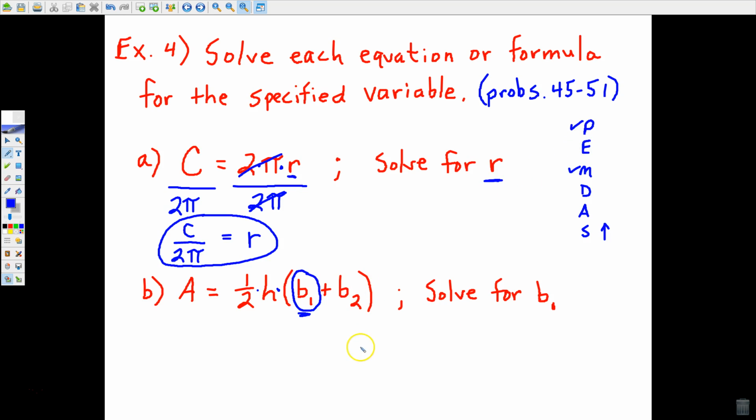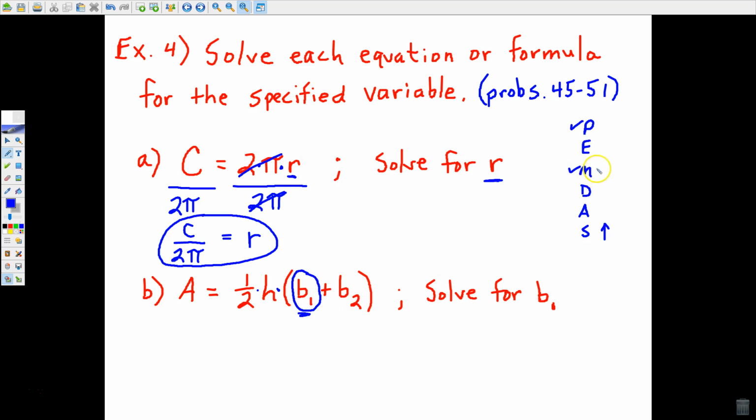Now you might be saying, but isn't it being added? That's true, but I want to take the bigger picture. If you see an operation involved in parentheses, then just check off the parentheses and do whatever is in there as your last step.